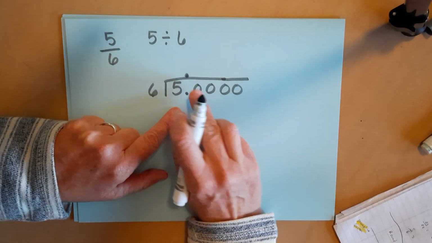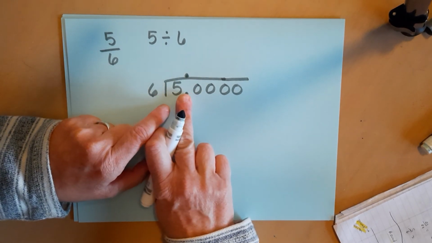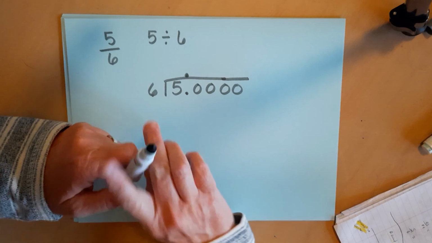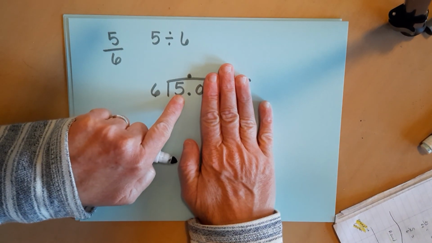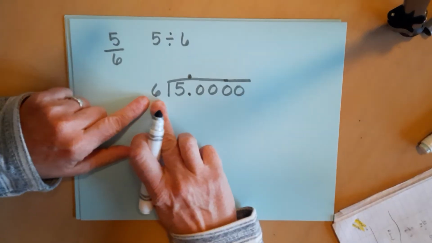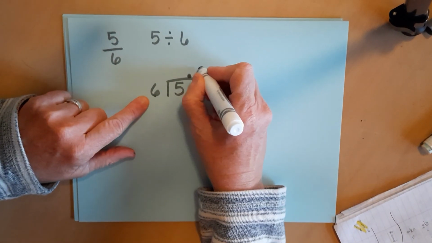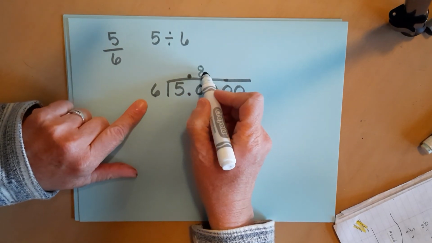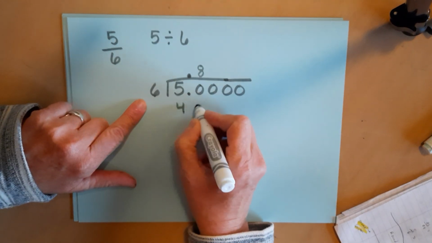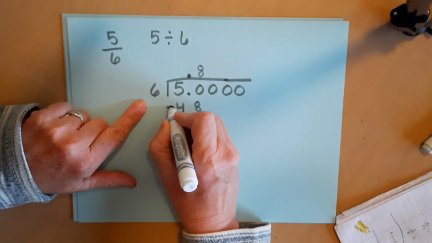Once we move the decimal point to the top to hold our spot, then we can forget about that decimal point and just look at 6 going into 50. So how many times does 6 go into 50? I'm going to make an educated guess that it goes in 8 times. 8 times 6 is 48. So that works.